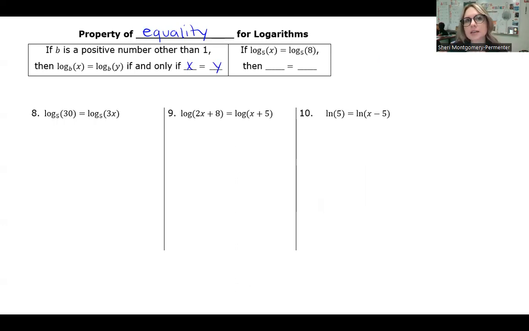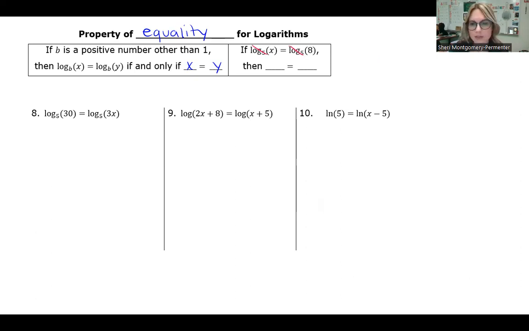So let's look at our example. Do we have like bases? They're both a 5. So if you have log equals log, nothing else, then we do the same thing.